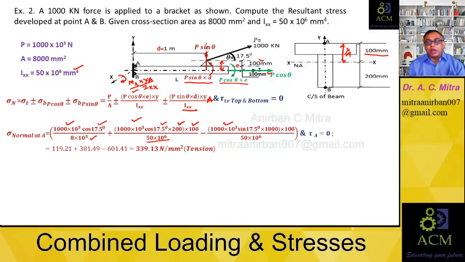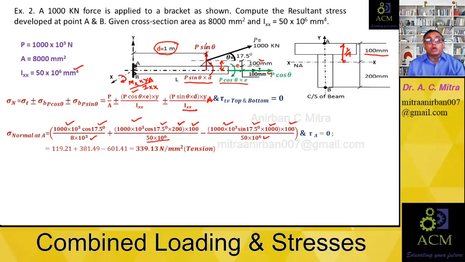Now if you put that value here, P is the same, 1000 into 10 raised to 3, sin 17.5 degrees. D is this distance, given as 1 meter, so we have to put it in mm, 1000 mm. And the YA we have already seen, it will be 100, divided by Ixx, which is 15 into 10 raised to 6.